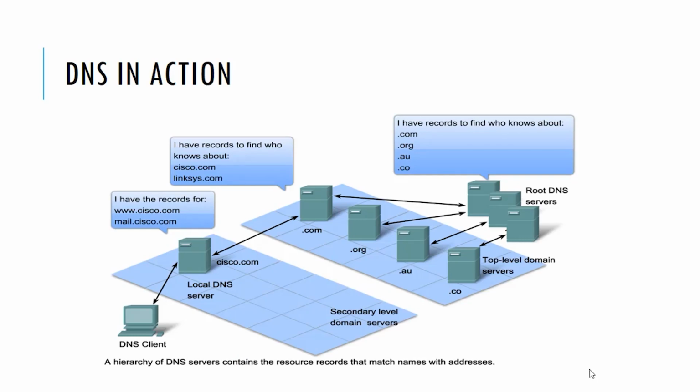If we can see DNS in action, here we have a DNS client that contacts its local DNS server asking what is the IP of Cisco.com. This local DNS server does not have the answer, but can ask a parent DNS about things that end in .com. What is the IP of Cisco.com?